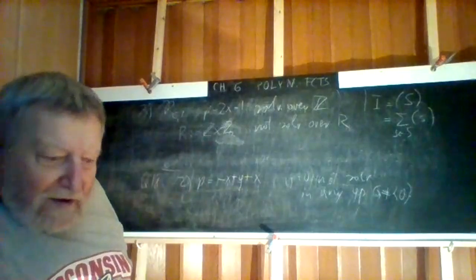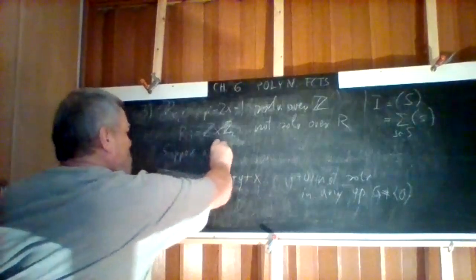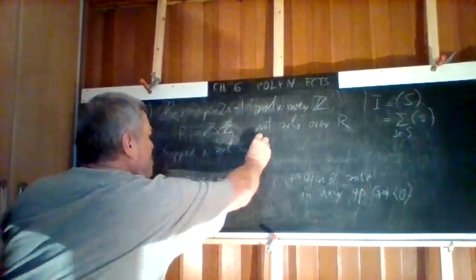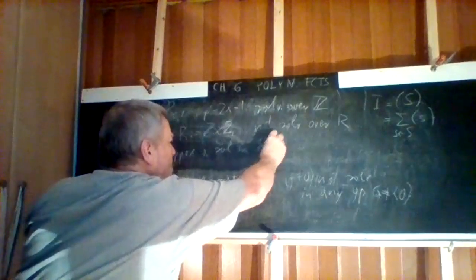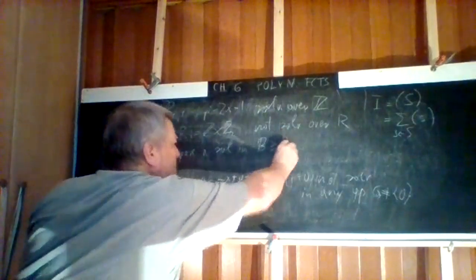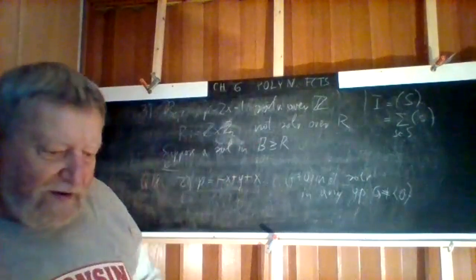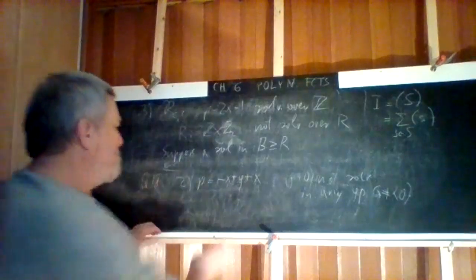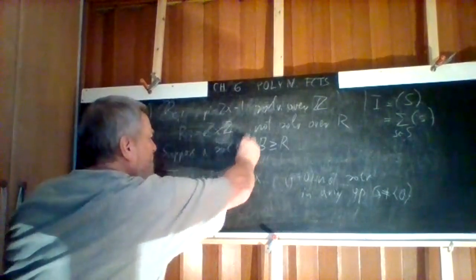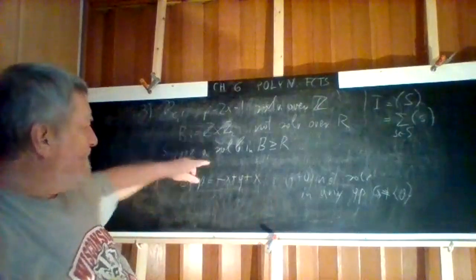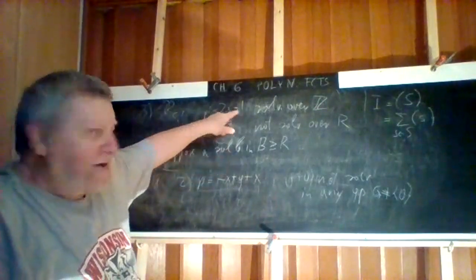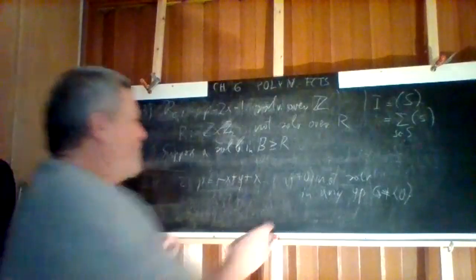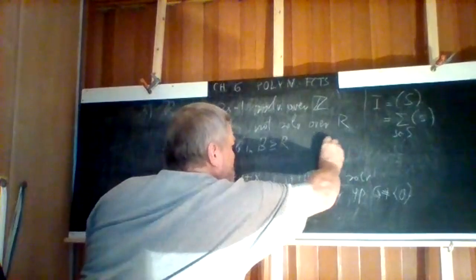That's easy to see. Suppose we have a solution in some P which contains R. Let's call the solution B. If this holds, that means that 2 times B minus 1 must be 0, or that 2 times B is equal to 1.